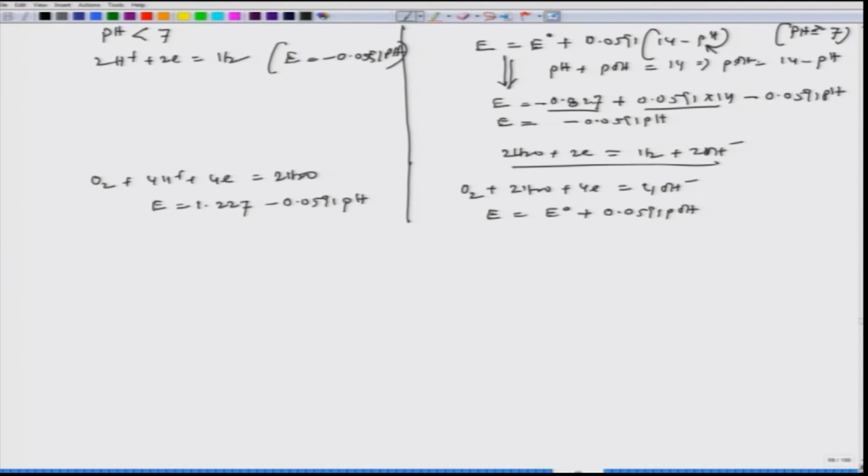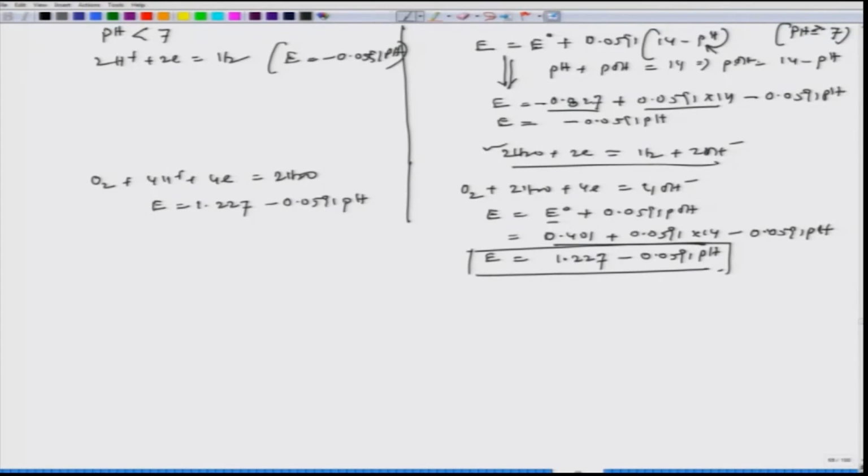If you follow the same philosophy as for the earlier equation, E0 would be 0.401 and then plus 0.0591 into 14 minus 0.0591 pH. So, if you add them, you would get roughly 1.227 minus 0.0591 pH. So, you have the same equation as for the acidic reactions.